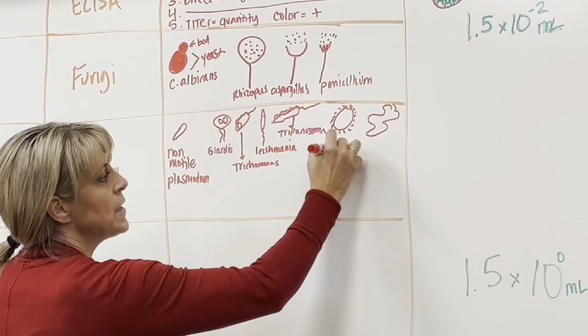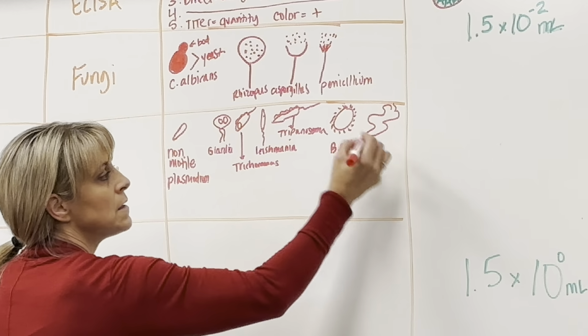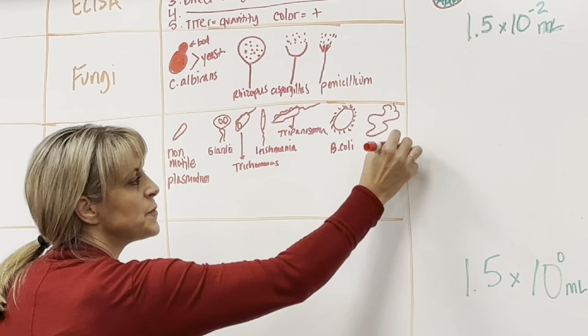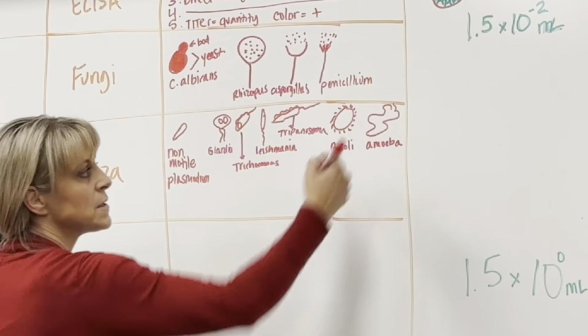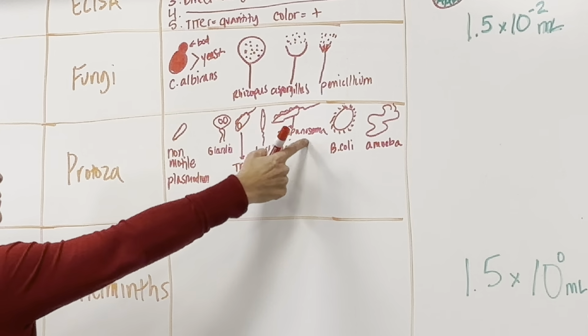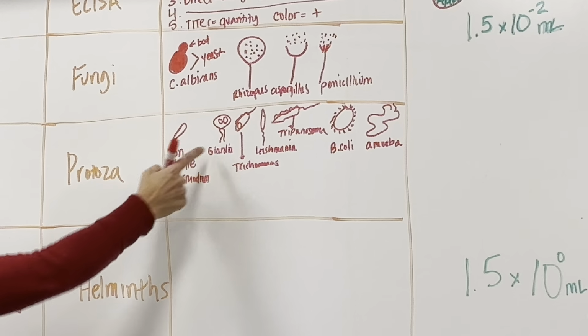This one is B. coli that has the cilia. This one is an amoeba, like Entamoeba histolytica, that's amoebic dysentery. Fecal oral, bug, sexually transmitted fecal-oral bug.